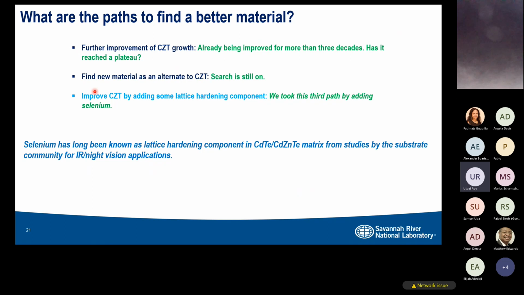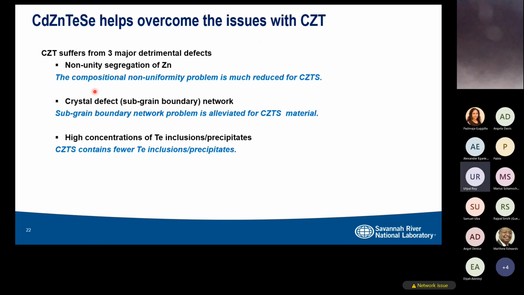And people are doing research on that material to get better and better detector grade cadmium zinc telluride selenide. And as I said, the composition is uniform. The subgrain network problem is resolved and it contains very little tellurium inclusion.